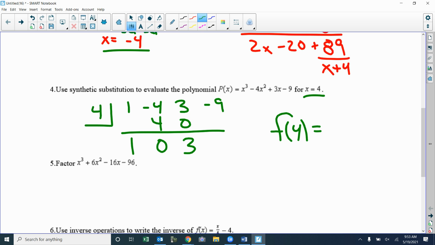That gives me 3. 3 times 4 gives me 12. That gives me 3. So f of 4 is 3. That's a little different. We're just finding f of 4 there. Questions there?